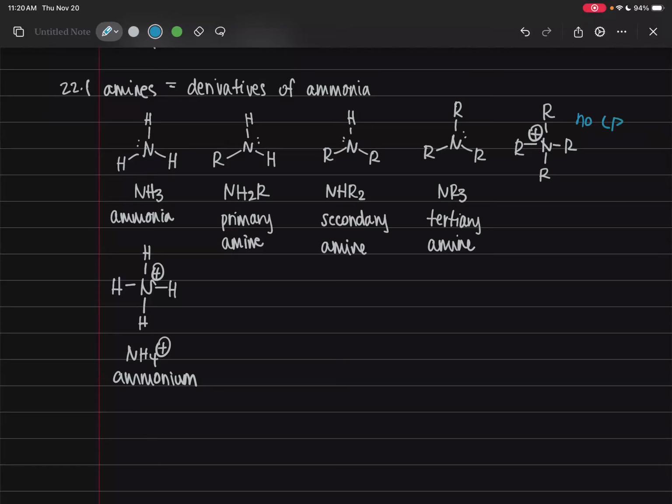notice here there's no lone pair on the nitrogen. This is NR4 plus, and we call this quaternary. And so it's a quaternary ammonium salt because there's going to be some sort of X minus counter ion to balance the positive charge.